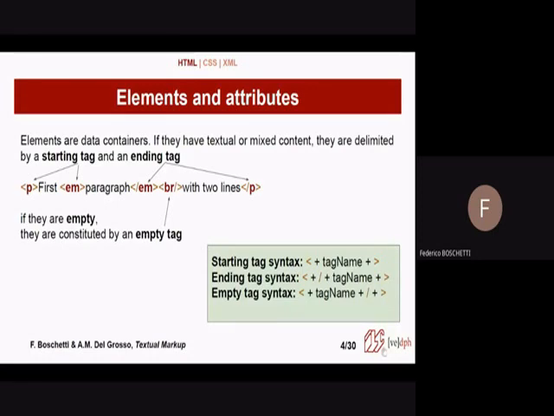And then we have an empty tag, and at the end we close the P element by the ending tag. As you can see, if they are empty, they are constituted just by an empty tag without textual content or without other elements inside.